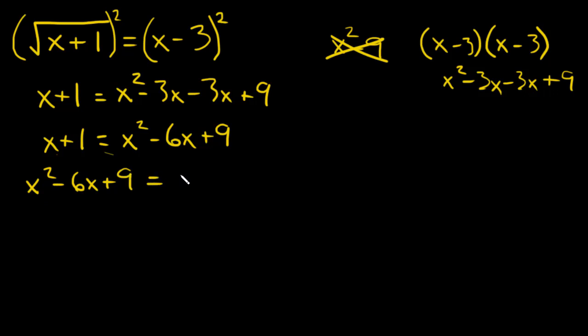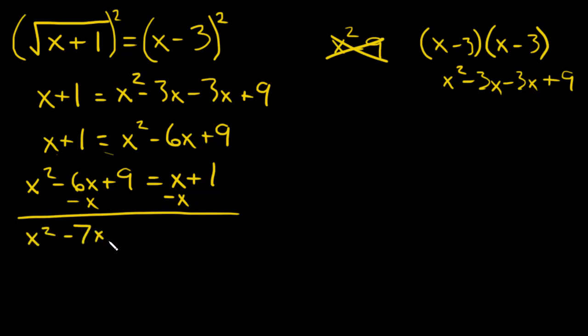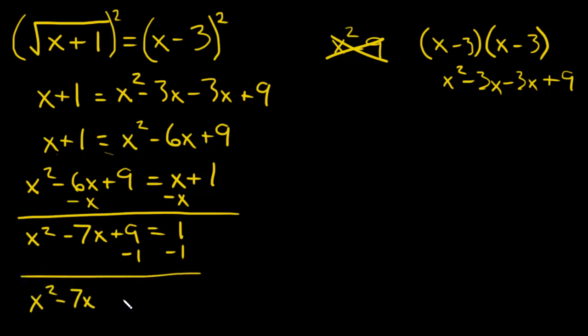There's no difference when doing it the other way. If I subtract x, I'm going to wind up with x squared minus 7x plus 9 equals 1, minus 1, minus 1. So now I get x squared minus 7x plus 8 equals 0.